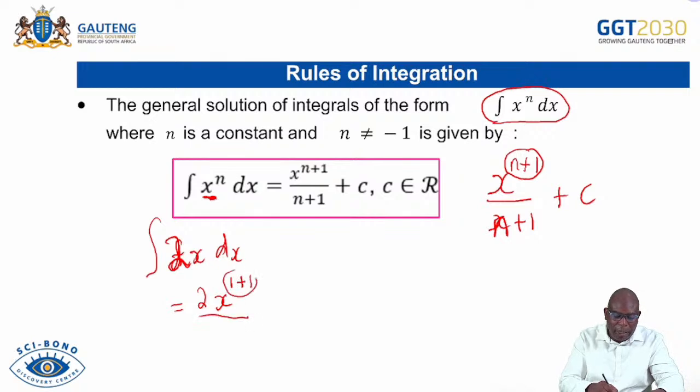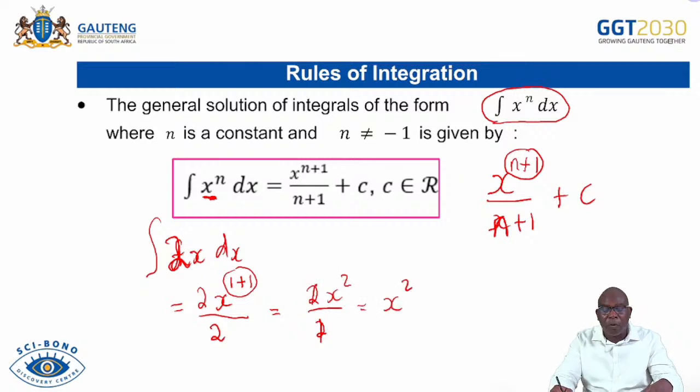The answer that I get here, I'm going to divide by that answer. So the answer I'm going to get there will be 2x squared divided by 2. The 2 and the 2 cancel out. The answer is x squared. Do you still remember? We said the integral of 2x will be x squared.